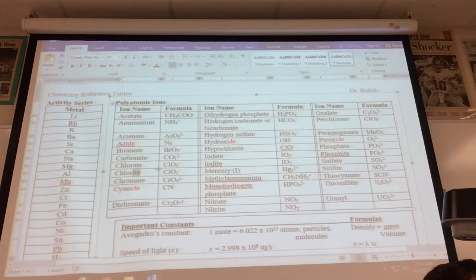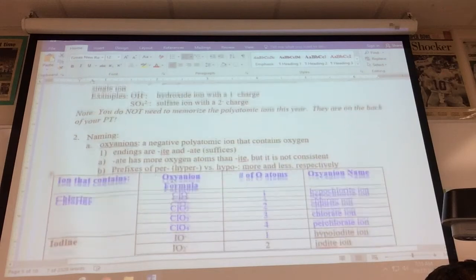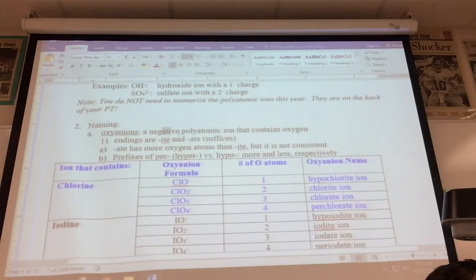You don't need to memorize them this year, although by the time you do enough formula writing, you'll know most of them anyway. You will need them for college chemistry, AP chemistry, etc. So oxyanions are negative polyatomic ions. Poly means what? Many. So they contain many atoms, more than one.